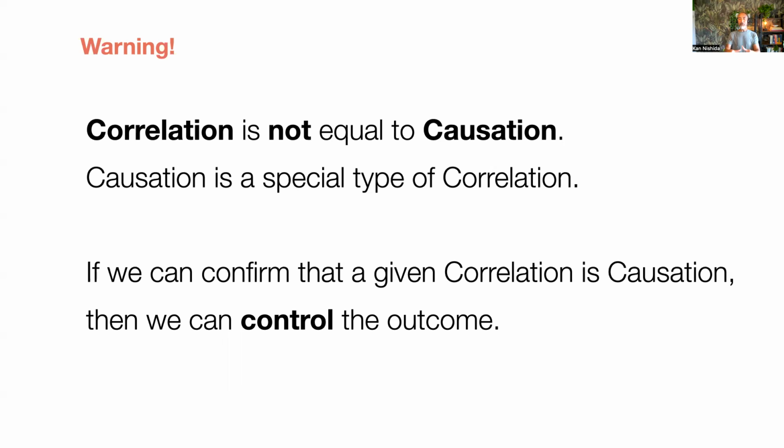Whatever relationship you find can be just correlation, but not causation. Sometimes it actually turns out to be causation too, but most of the time it's not that simple. Causation is a special type of correlation, but that doesn't mean they are equal.